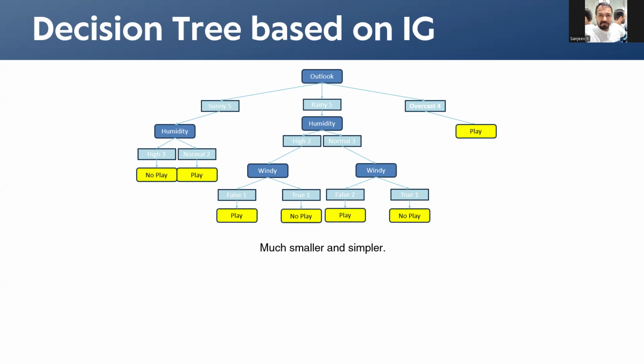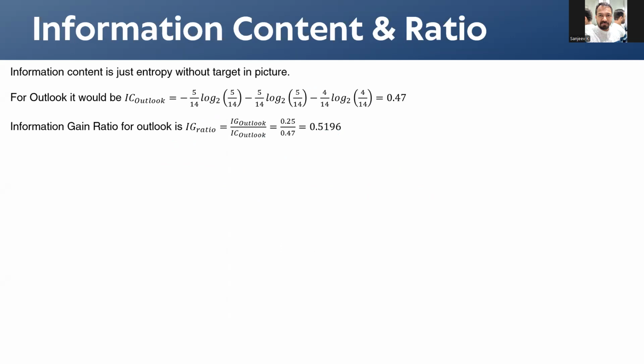Now you understood what is entropy, what is Gini index, what is information gain, and there are 2 other things we will have to look at. One is the information content and ratio. Just as I mentioned, if you do not consider the target column, the entropy of a given column would be the information content.